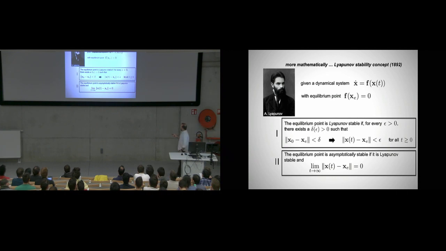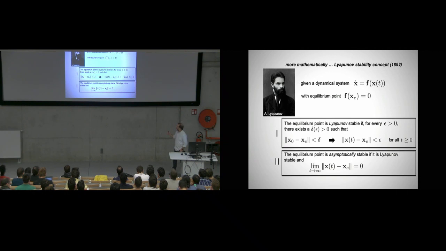The second one is if we return, for time to infinity, to the equilibrium point eventually. So in that case, that epsilon is going to 0. We're actually returning back. It's a special case. Then we say we're asymptotically stable. That paper had quite an impact because it first formalized a stability concept on which you can build all kinds of mathematical theories.